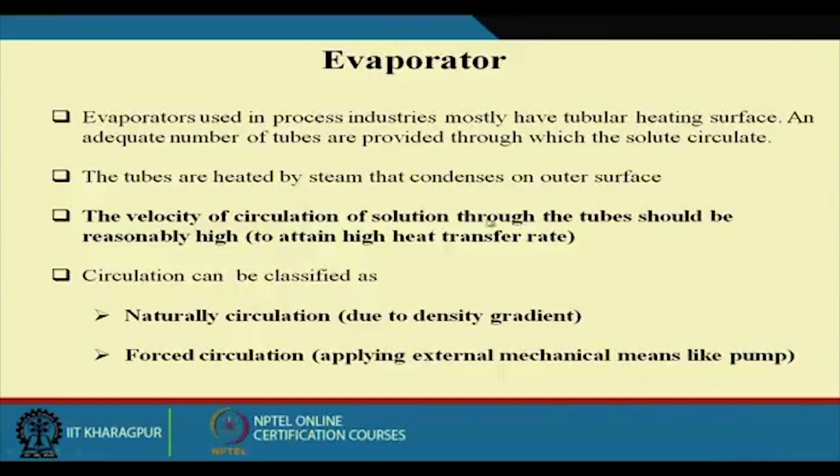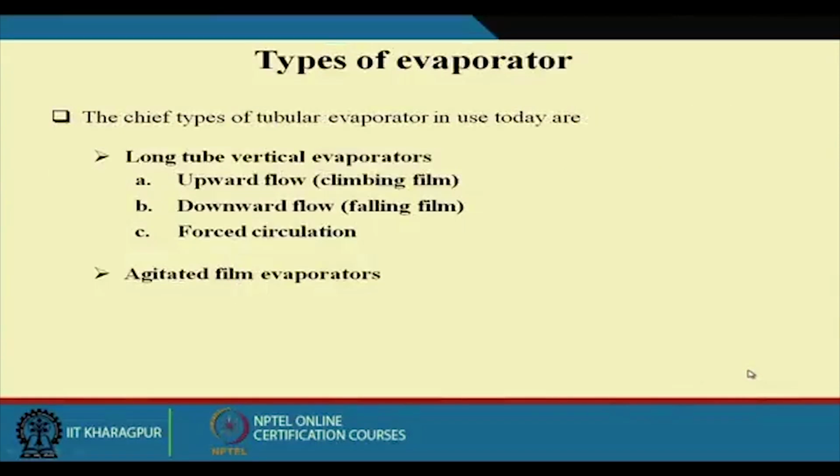The velocity of circulation of fluids through the tube should be reasonably high to attain a high heat transfer rate. Circulation can be classified as natural circulation due to the density gradient, and forced circulation applying external mechanical means like pumps. So, we have different types of evaporators: the tubular evaporator, maybe the long tube vertical evaporator with upward flow and downward flow, and forced circulation.